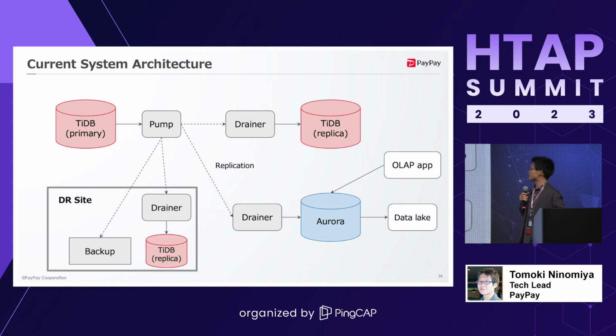And we have a DR site, which is a separate region. And we have a TiDB replica for regional disaster purposes, and we are taking backups on it. And interestingly, we still have Aurora. This is for the OLAP workload. And also, we are importing data for the data lake from Aurora. Actually, this is currently our pain point.